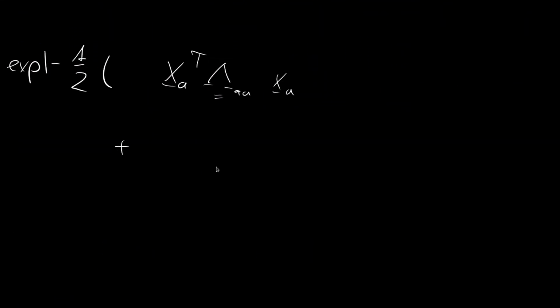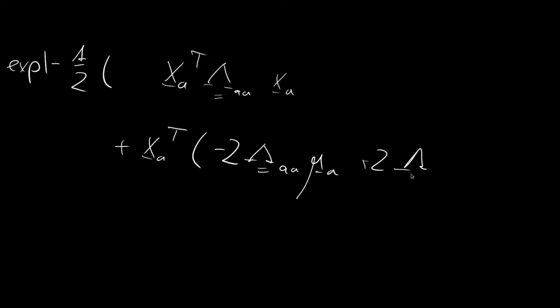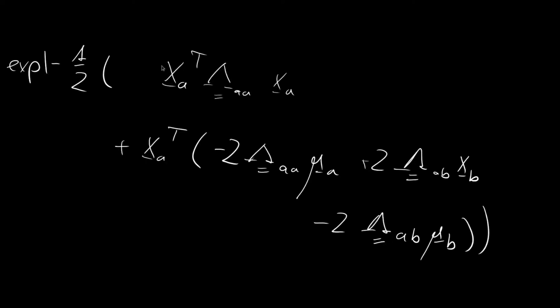So we will have XA transpose multiplied with -2 times lambda AA mu A plus 2 times lambda AB XB minus 2 times lambda AB mu B. Then close this bracket, then close the bracket for the -2 and for the exponential.